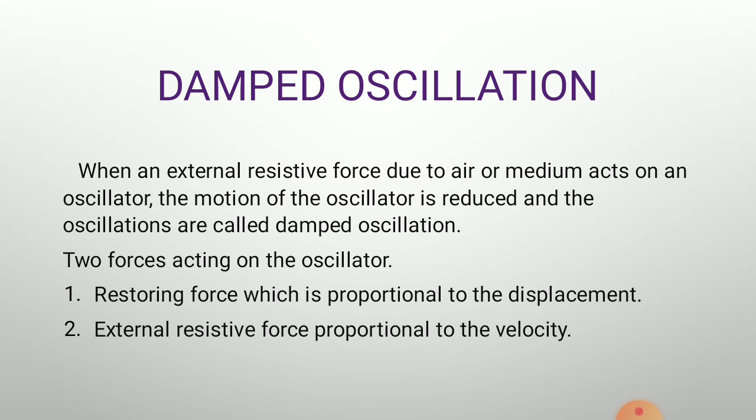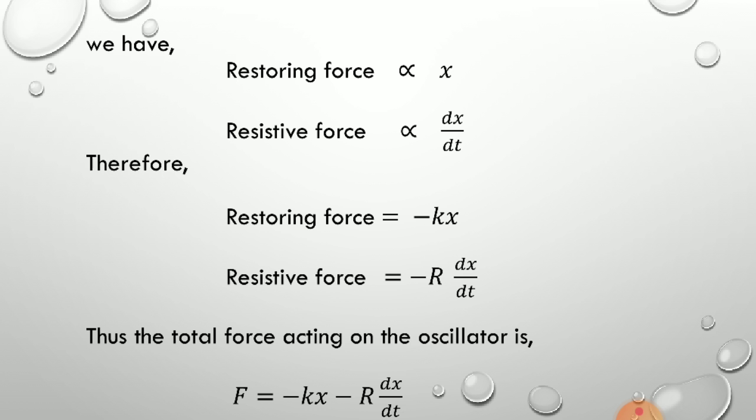Thus, in an external resistive medium, two forces are acting on the oscillator. First one is restoring force, which is proportional to the displacement, and the second is damping force, proportional to the velocity. So we have restoring force directly proportional to x, where x is displacement, and resistive force directly proportional to dx by dt, where dx by dt is velocity.